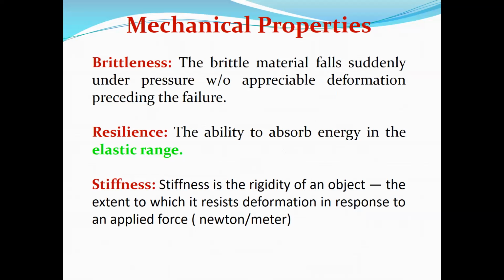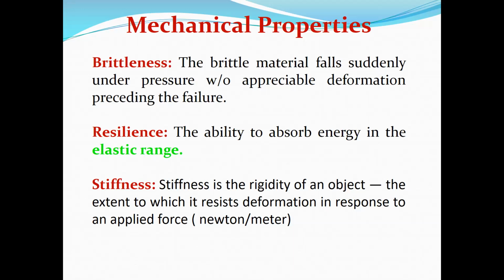Ductile material means that after crossing the elastic limit, it enters the plastic range, and at that time it will be subjected to deformation. But in case of brittle material, there will not be any deformation, and the material will collapse suddenly.